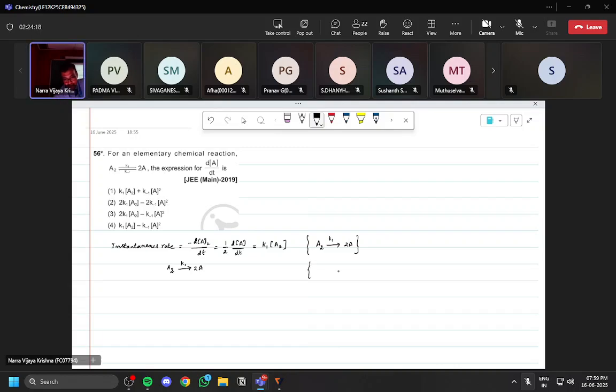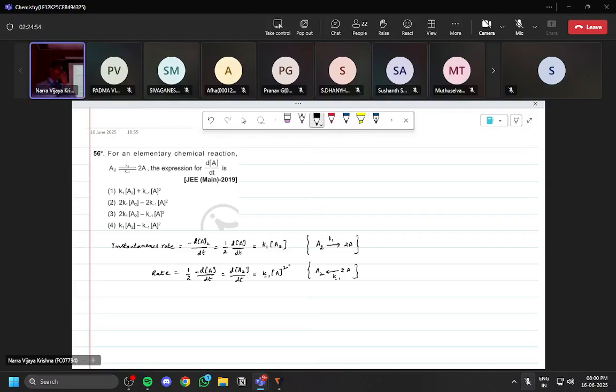If it is the reaction 2A gives rise to A2, then the same instantaneous rate is equal to 1 by 2 minus dA by dt, which is equal to dA2 by dt, which according to the law of mass action is K minus 1 into A square.